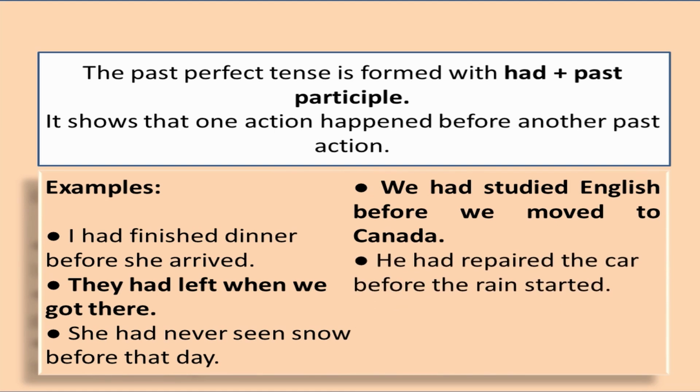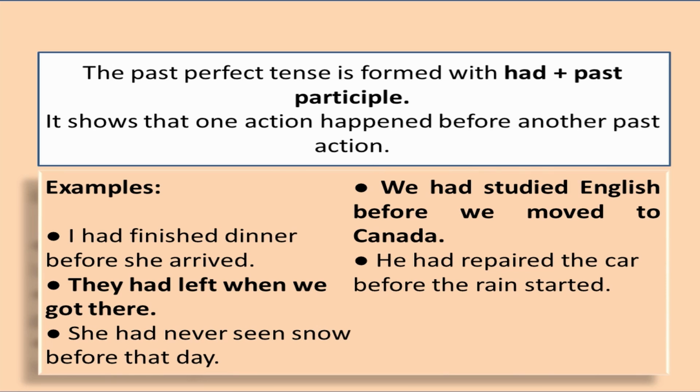He had repaired the car before the rain started. For example, talking about yesterday, there are two things that happened. One, or maybe last week, my car broke down. That is number one. Number two, the rain started.